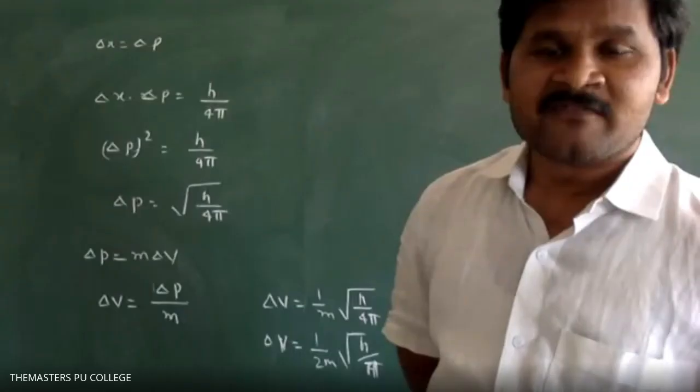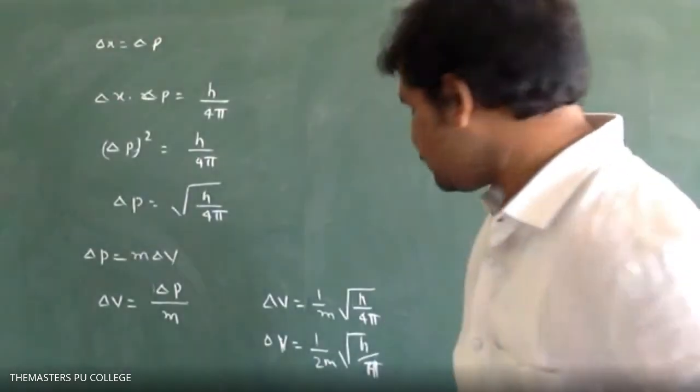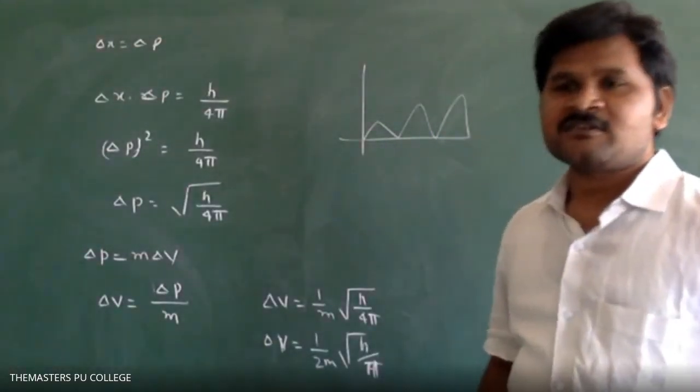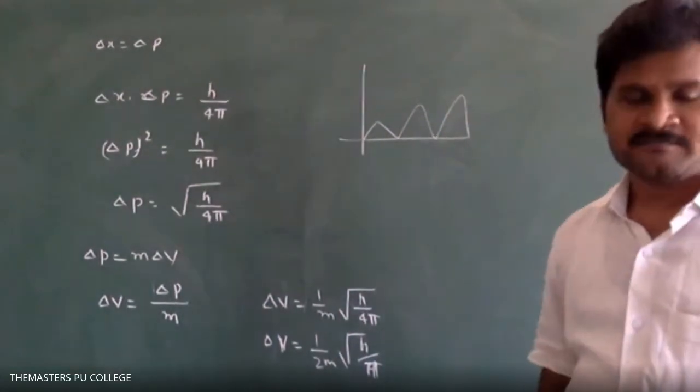How many peaks will you get? 3, sir. Yes, so number of peaks is equal to n minus l.